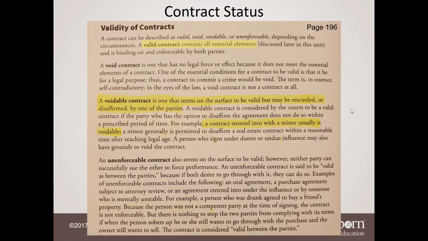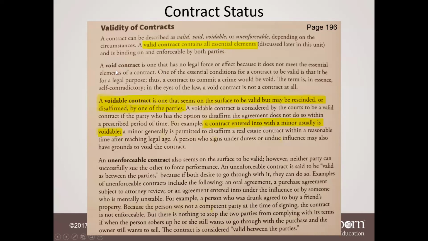Yeah, legality of the object or purpose of the contract, correct. So you need to know those, you need to study those, you need to remember those for the exam. But yes, those are the four essential elements that would make any contract valid. So a valid contract contains all those essential elements.